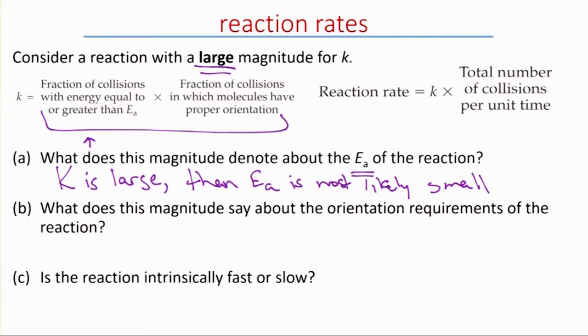All right, let's look at the next question here. What does this magnitude say about the orientation requirements? If k is big, what does that have to say about the orientation requirements? If we're having a fast reaction, that means the orientation here probably isn't very specific. It's not a large concern for this reaction. Maybe the molecules can hit whichever way they want to. There's not one specific way that the molecules must hit together to go from reactants to products.